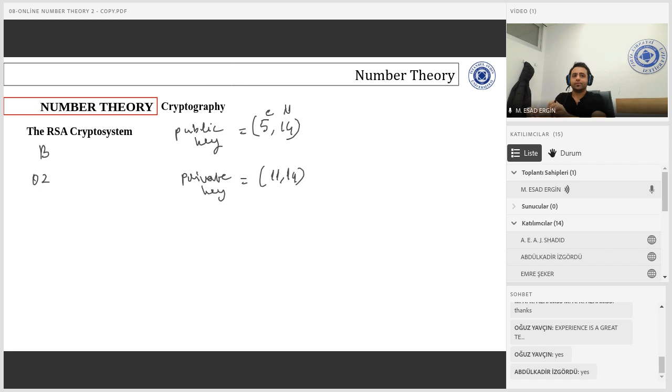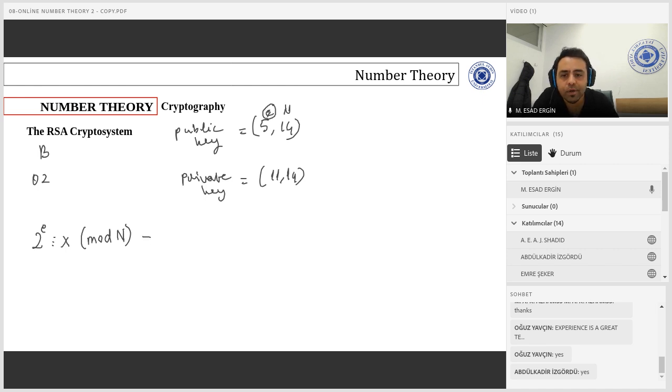So how do we encrypt these messages or letters using the public key and the private key? For example, B equals 2 to the power of E, which we use for encryption, and what is the result in modulo n?